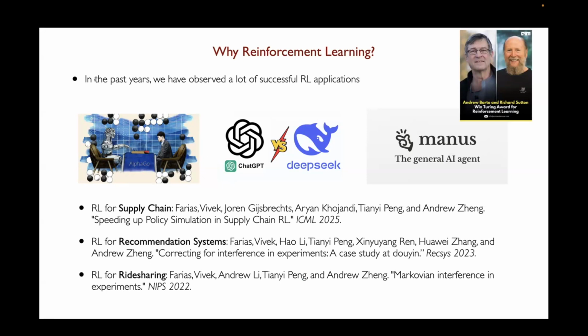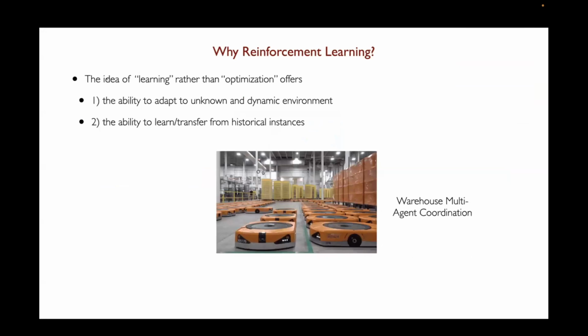From my personal experience, I have also applied RL to a bunch of different fields. One particular field is supply chain, optimizing order fulfillment, which is quite related to the warehouse problem. That's why I got interested in this problem.